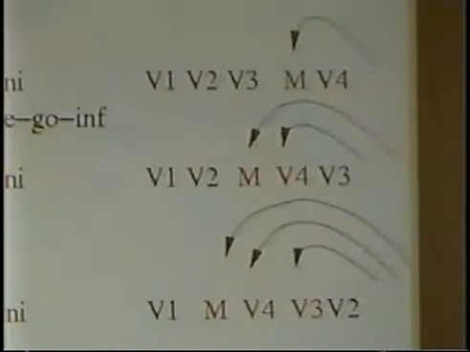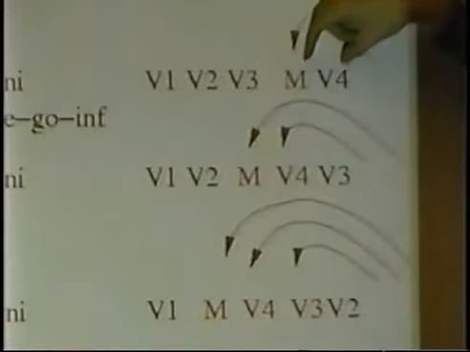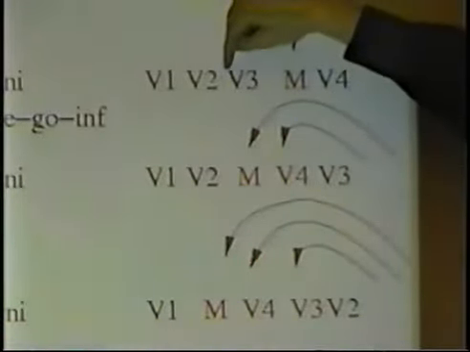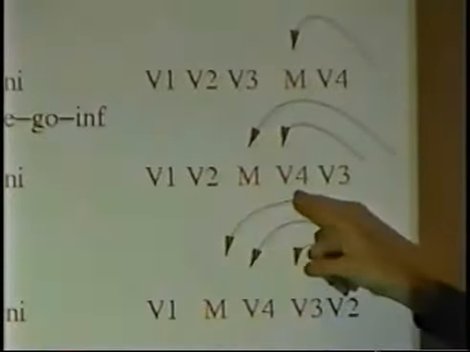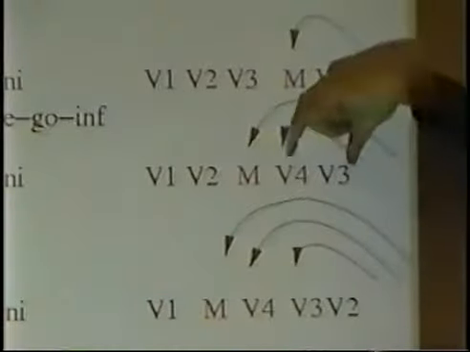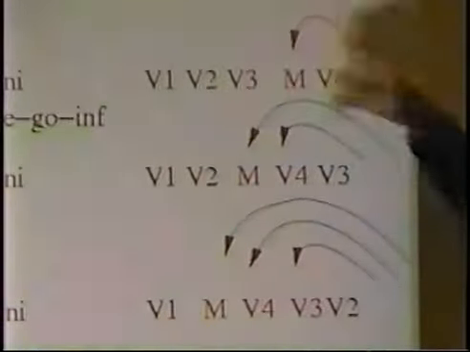So you can have 1, 2, 3 particle verb in this order. But then it looks like these two can hop over the last verb and appear here. You can also get 1, 2, particle 4, 3.